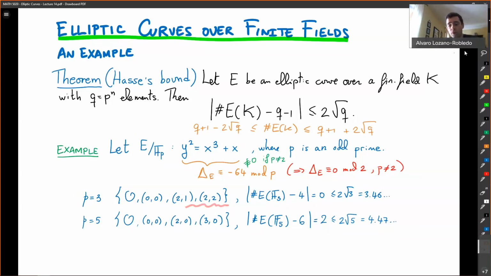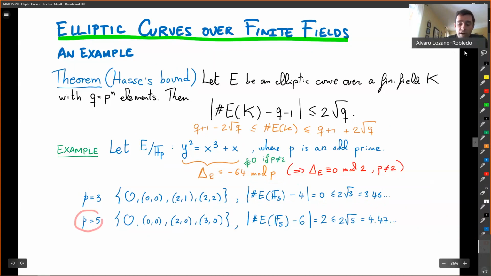There are exactly 4 points for this elliptic curve. And then just check that the Hasse bound works. The Hasse bound tells you that it should be about 4 points. So this is actually right on the spot. It is 4 points, so the error is 0, and it is within the bound that Hasse gives you.